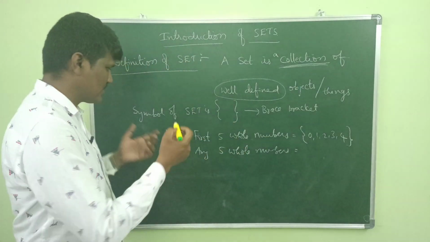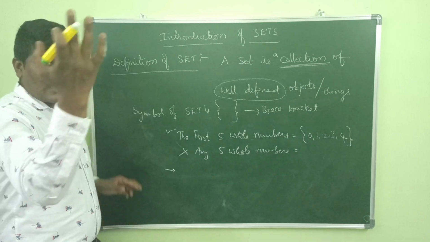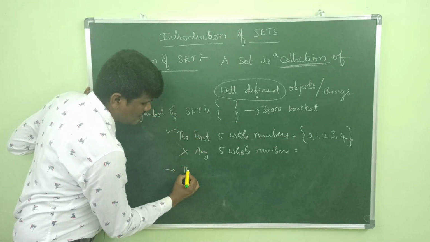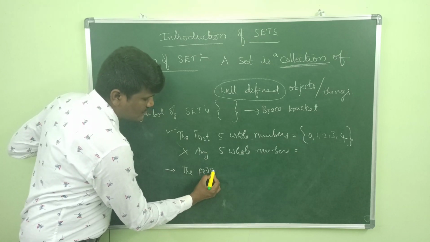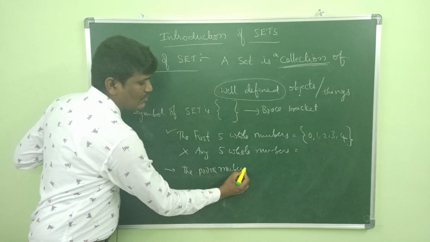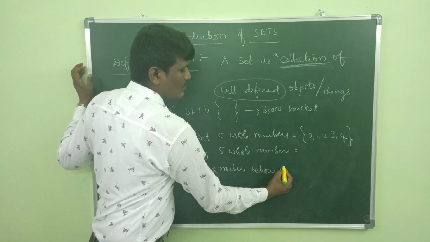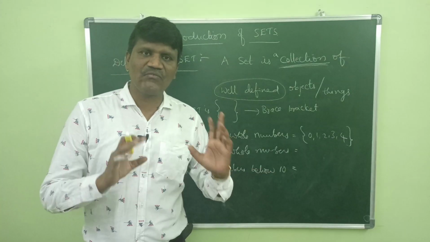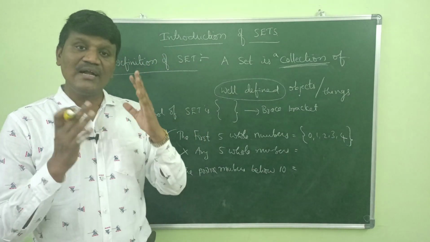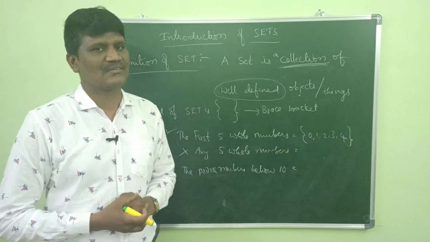Okay, let us take one more example. Suppose I ask you to write the prime numbers below 10. Is it well defined or not? Well defined is nothing but everyone in the world should write the same answer.